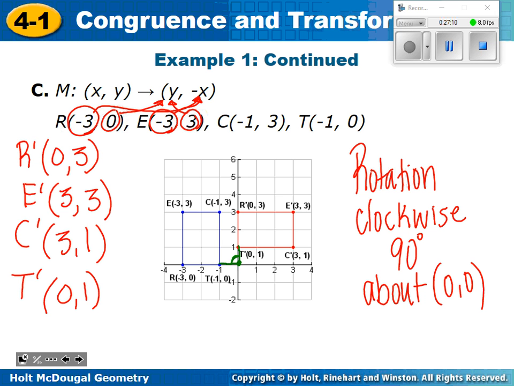So you're going to switch the coordinates, negative y, negative x, but you're going to change the sign on the right. So you get negative y, positive x. And is that the same thing as what we have here? Yes. So a 90-degree counterclockwise rotation would be exactly the same as a 270 clockwise rotation.